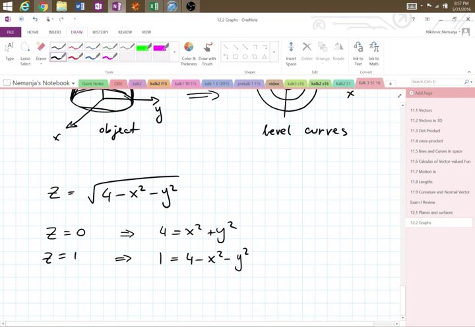I'm just computing one real quick. So x squared plus y squared equals 3. Z equals 2. 2 equals, oh wait, you square both sides, it's 4.